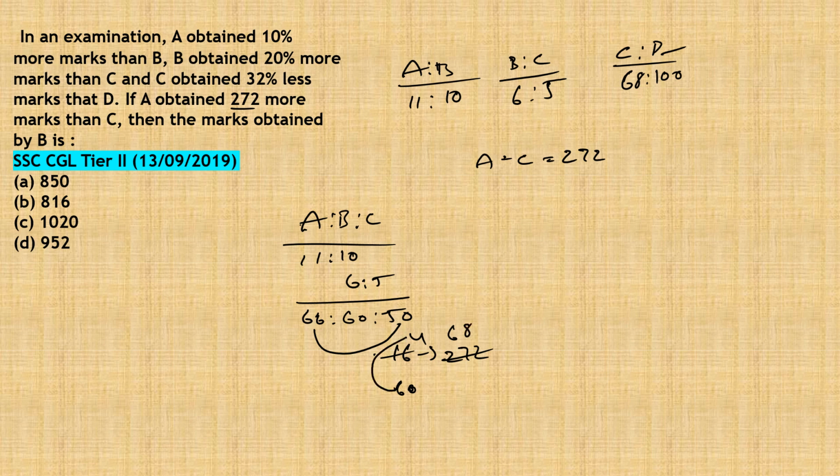So 4 fifteens are 60, 15 times 272. 15 sixes are 90, 15 eights are 120, so 900 plus 120, that is 1020 is the answer. Option number C.